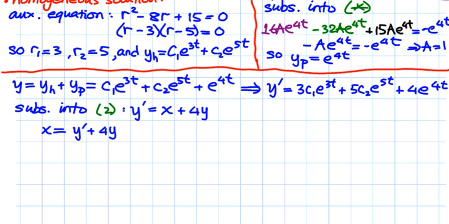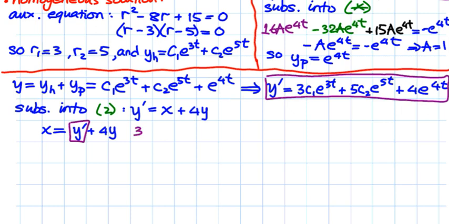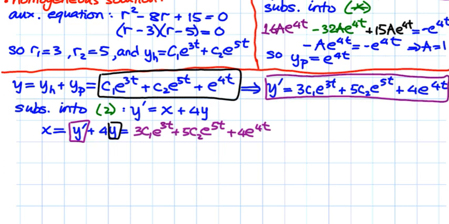And then we will substitute the derivative into y here, and we have 3c1 e to the 3t, 5c2 e to the 5t, 4 e to the 4t, and plus 4 times the function. The function is this.